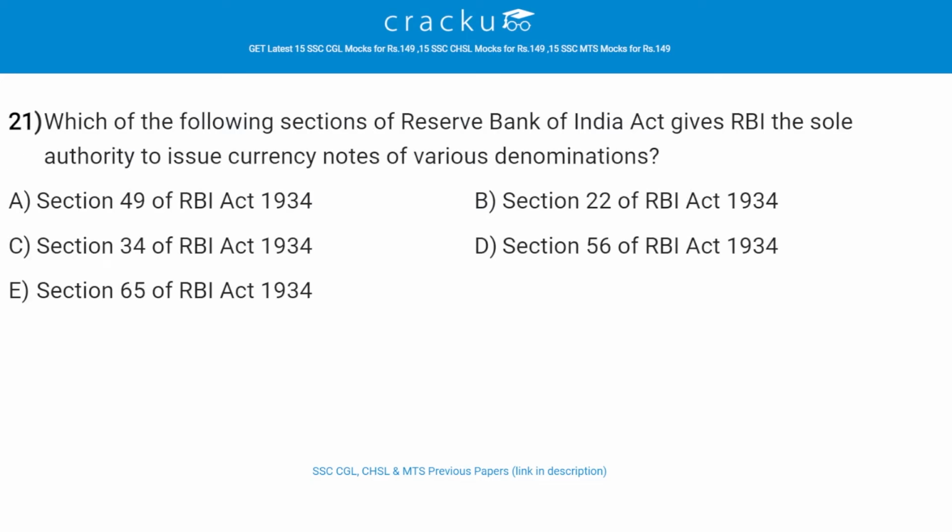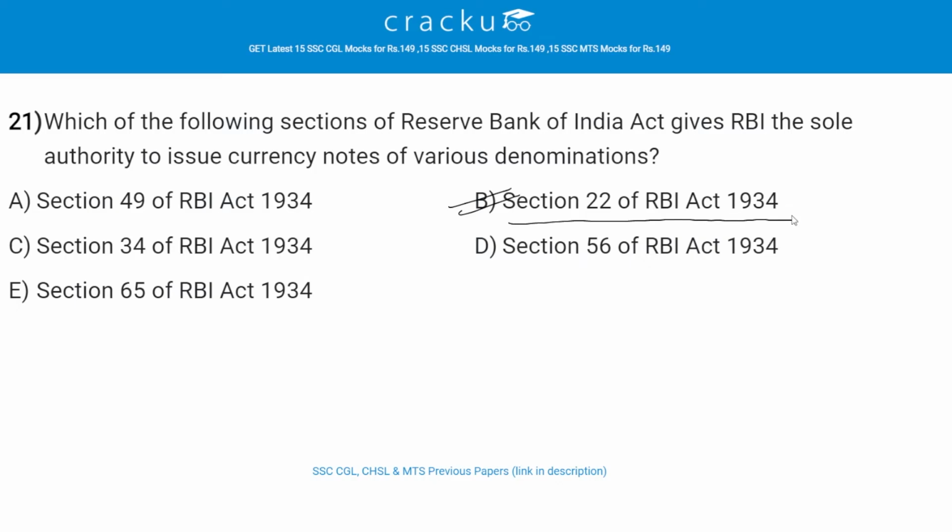Which of the following sections of the Reserve Bank of India Act gives RBI the sole authority to issue currency notes? The correct answer is B, that is Section 22 of the RBI Act 1934.